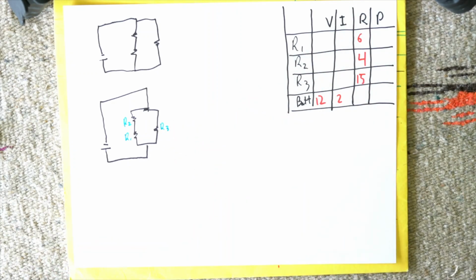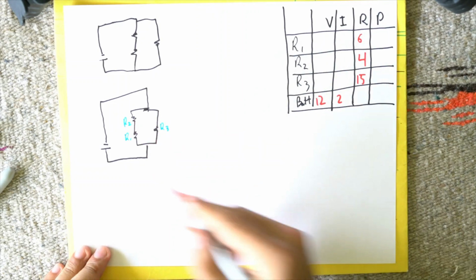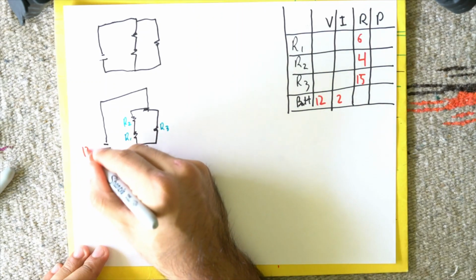Now that we've learned some of the rules, let's see what we can implement here. Let's look at this junction rule that I was talking about. Do you see how this is in parallel here? Coming out of the battery, this would be 12 volts.